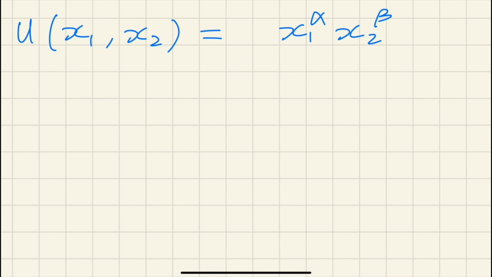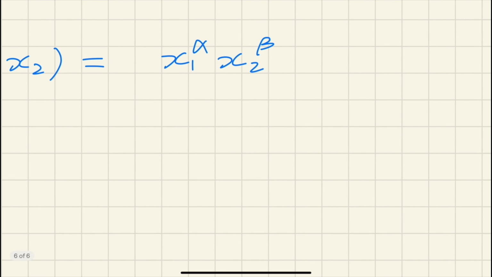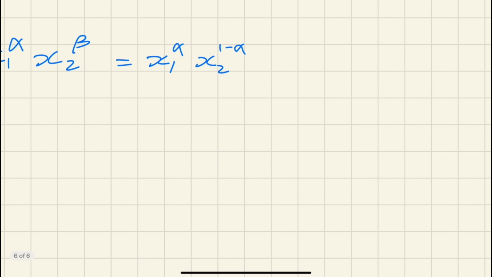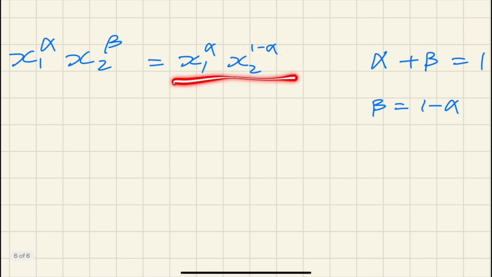Here we have a Cobb-Douglas utility function, where we have x1 to the power of alpha times x2 to the power of beta. This is something that you encounter very frequently. Sometimes you will see this written as x1 to the power of alpha times x2 to the power of 1 minus alpha, because they're going to give a condition that says that alpha plus beta equals 1, and obviously if we rearrange, beta equals 1 minus alpha, we can replace this to get this part.